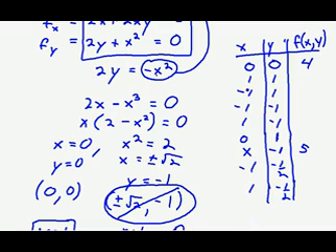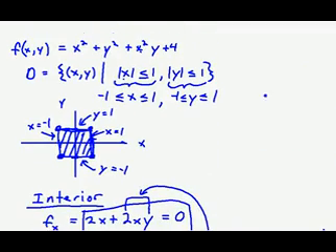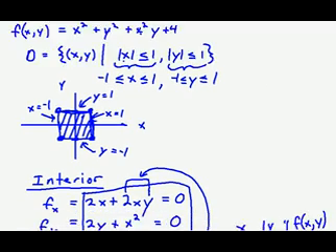And now it's just time to plug in these values, see which ones give you the biggest value, and which ones give you the smallest value. If you plug in (1, 1) or (-1, 1), you're going to get the same value because of the even exponents on the x's. So that would be 1 plus 1 plus 1 plus 4, or 7 both times.